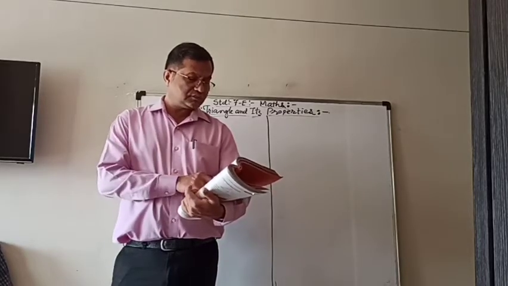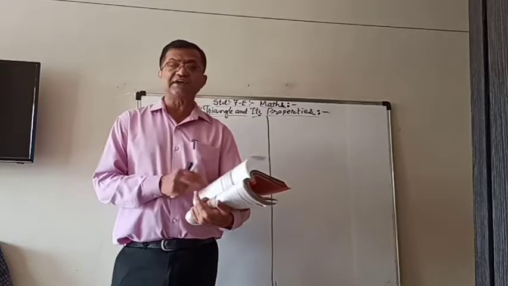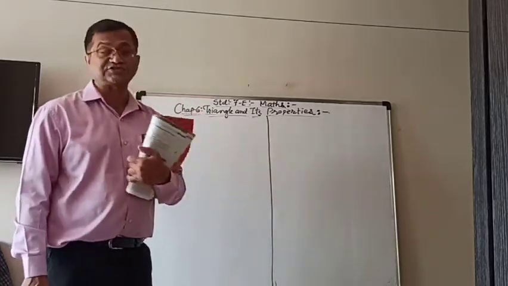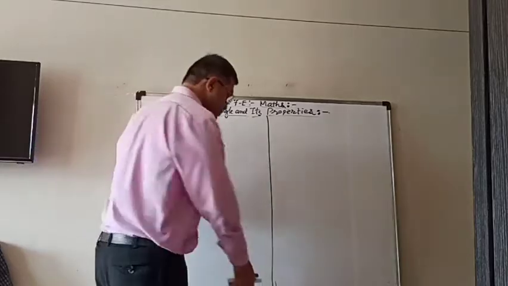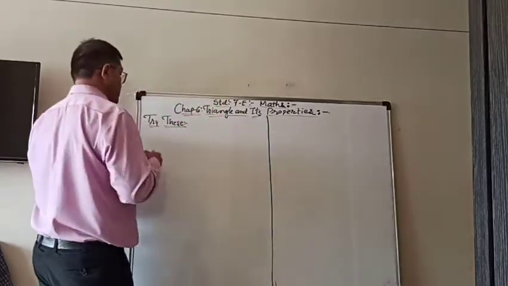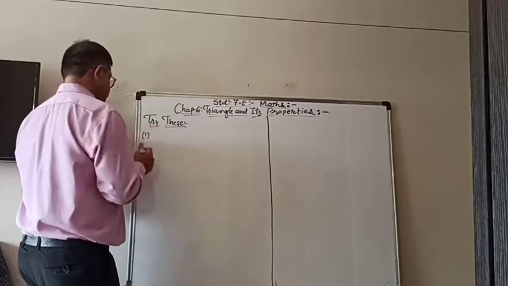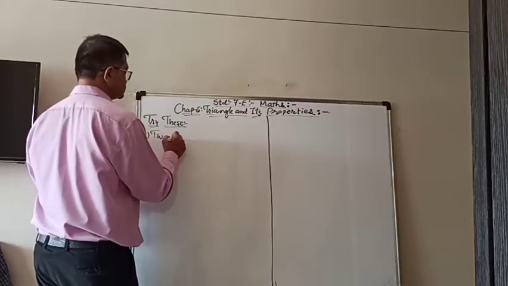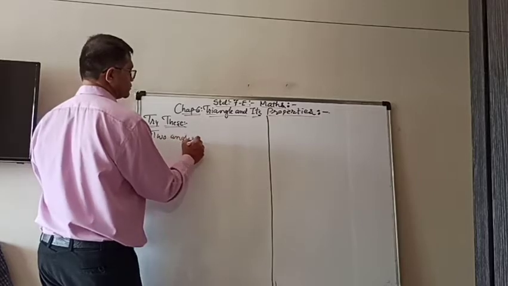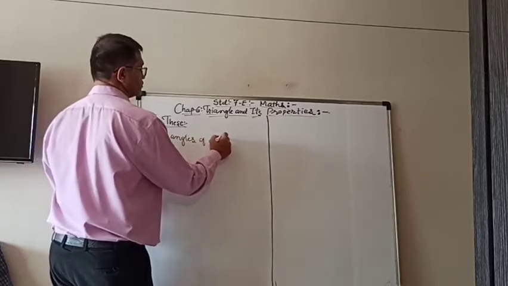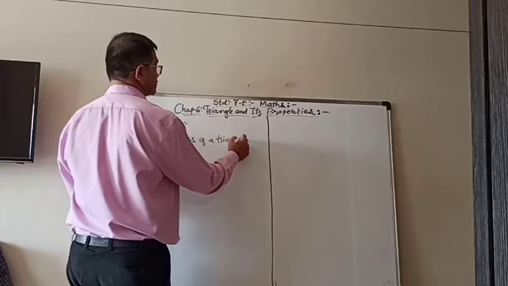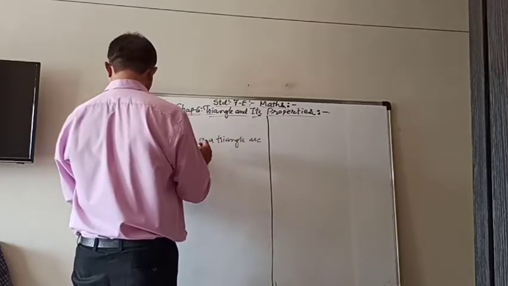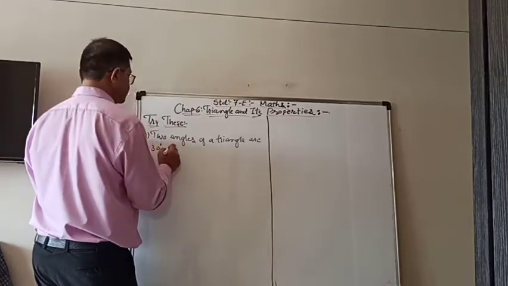Now, after exercise 6.3, there are some "try these" questions. Let's do that one. The first is: two angles of a triangle are 30 degree and 80 degree.